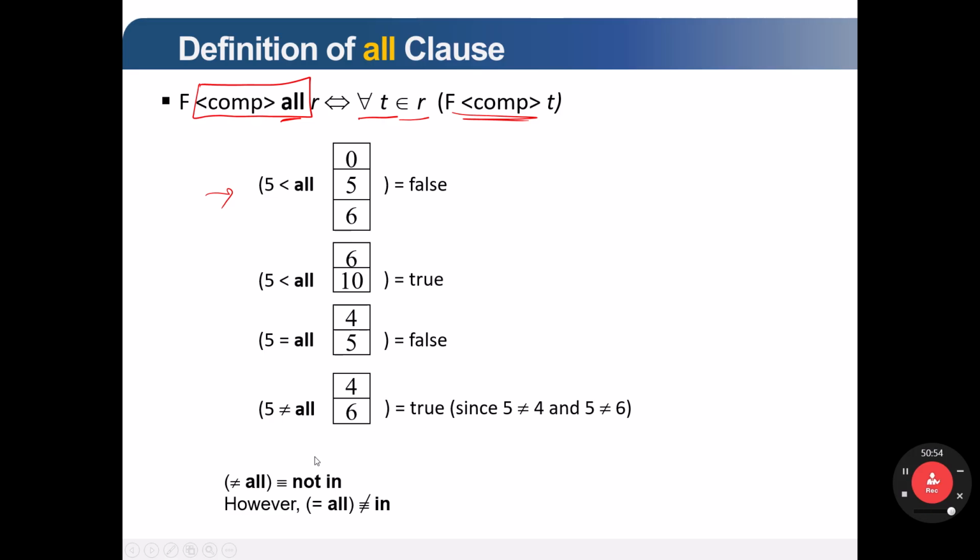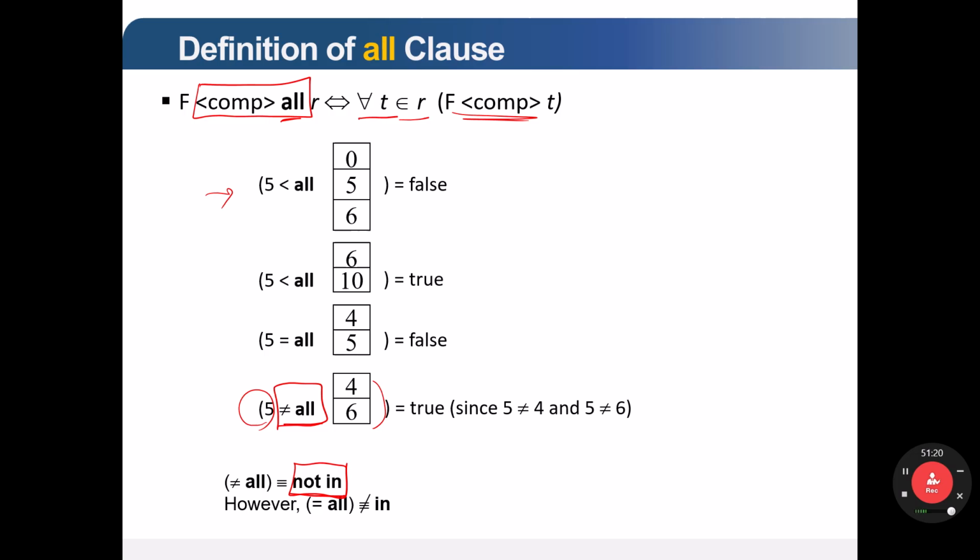Okay, now let's check if this not equal all is equivalent to the not in operator. They are equivalent, right? Only when this left operand is not included in the right set, not equal all and the not in operator both will return true.